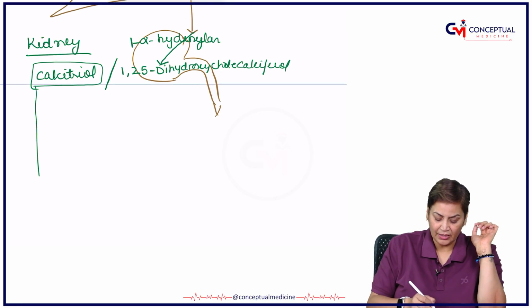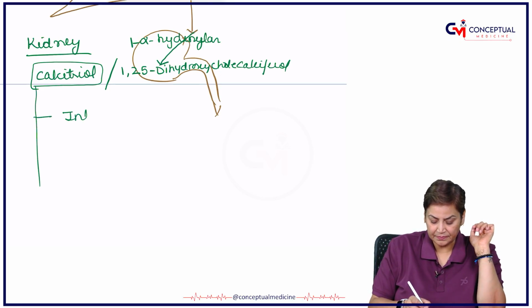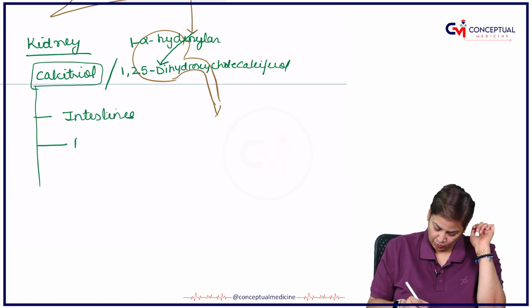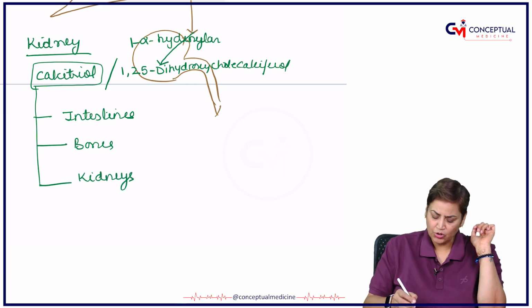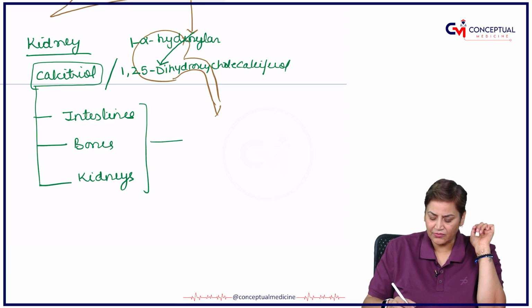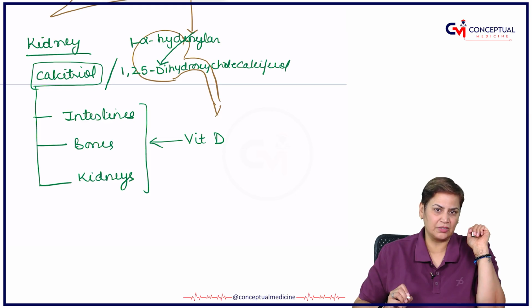It acts on the intestines, it acts on the bones, and it acts on the kidneys. Very, very important. So these are the 3 main organs where vitamin D is exerting its function.